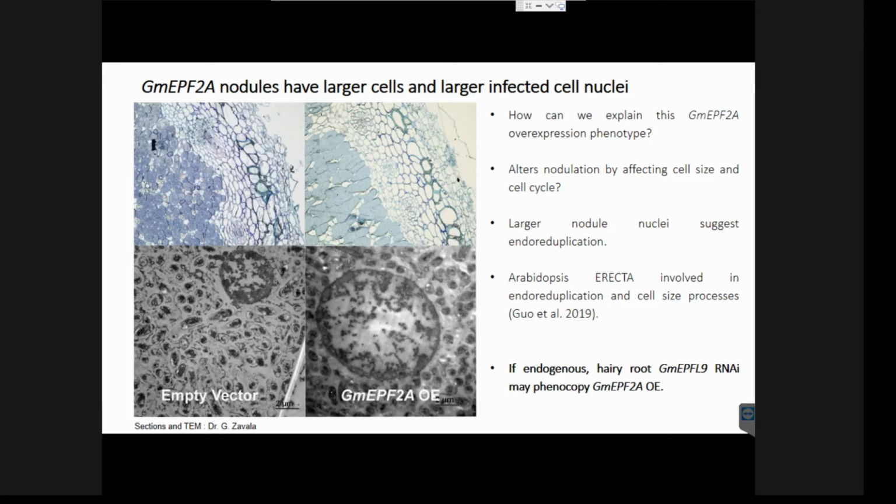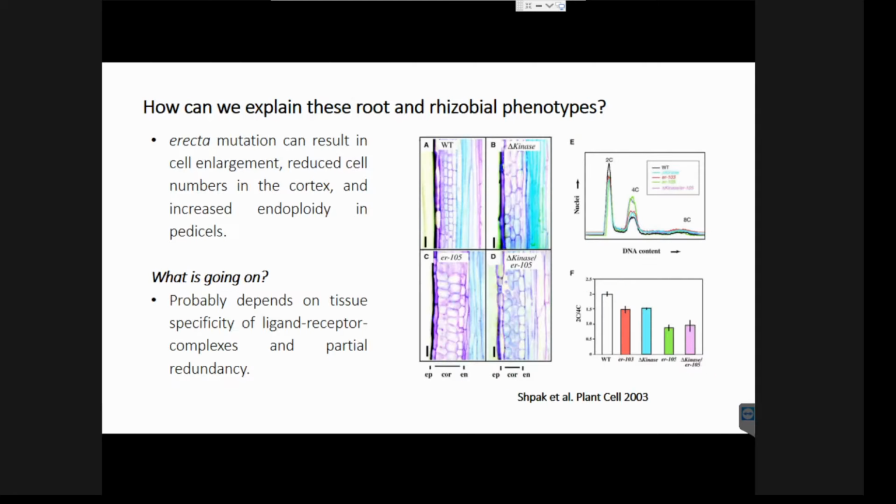So if endogenous hairy root overexpression of EPF2 causes this, what would happen if we do the opposite, if we try to delete or use RNAi on EPFL9? Would we see a phenocopy? And that's what we're doing now.